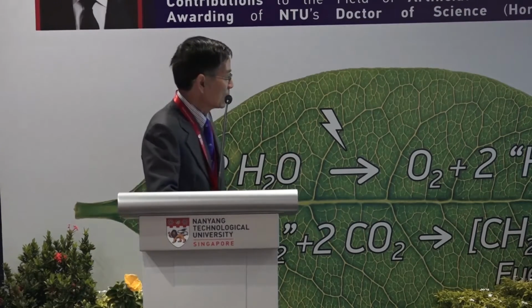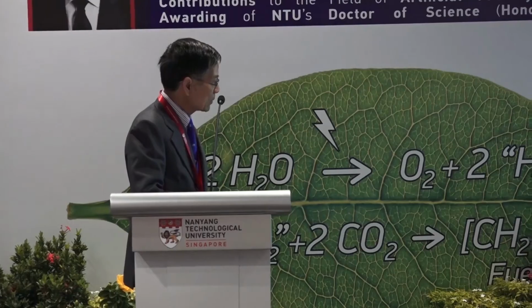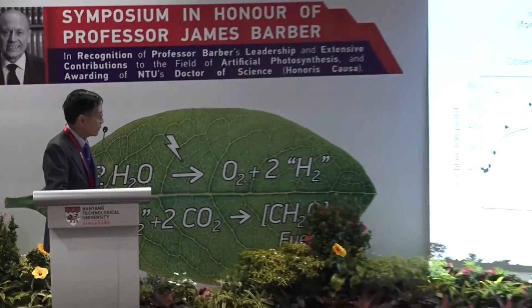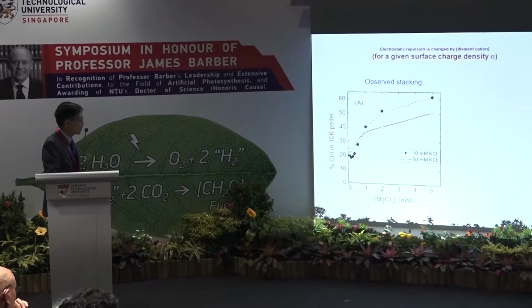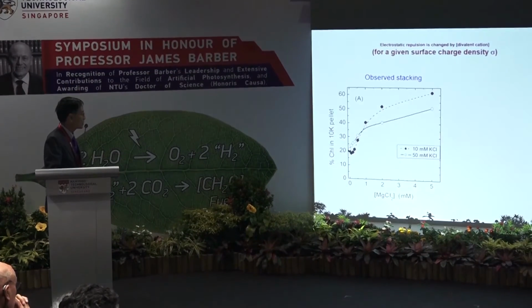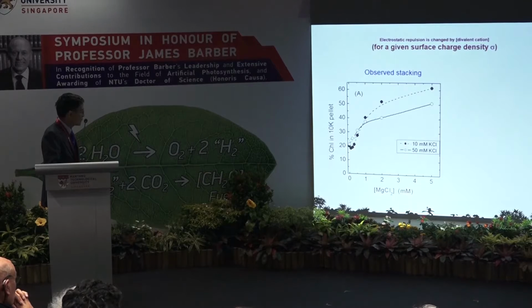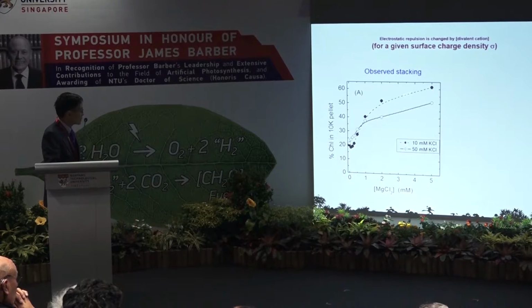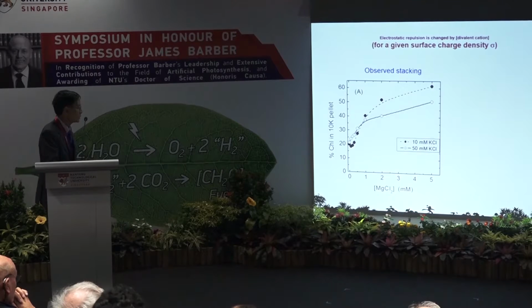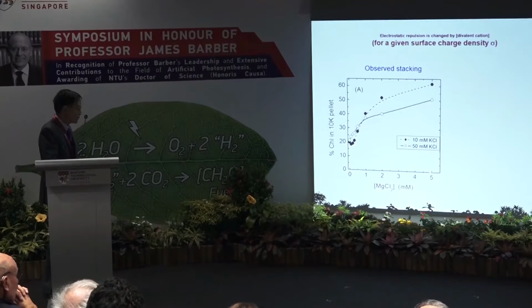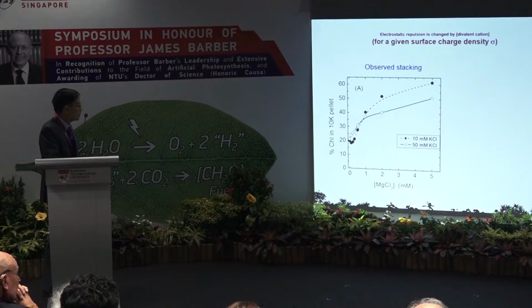And so this is what we see as we increase the magnesium concentration for any given background of monovalent cation concentration. There's an increase in the extent of stacking. This is the observation. And there's this antagonistic effect that I mentioned before. At 5 millimolar magnesium, actually increasing the potassium chloride decreases the stacking, which is not predicted by the work from Pullman.